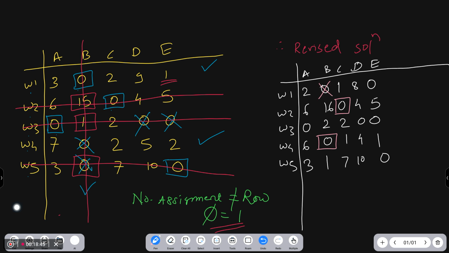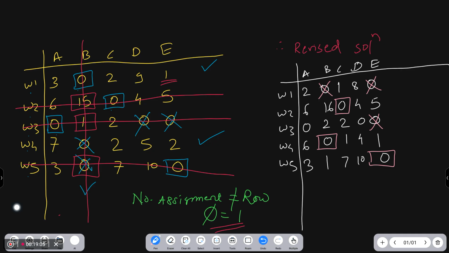At the same time, cross the zero corresponding to that current assignable cell. Here only 1 is there. I can make an assignment and at the same time I have to cross it. Right? Then you have to start the column wise.